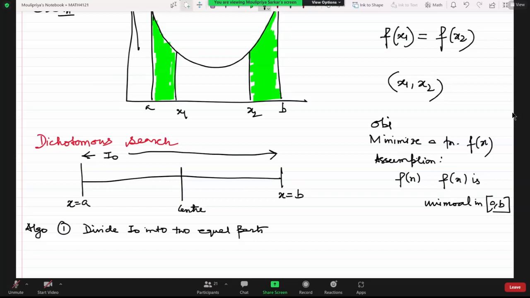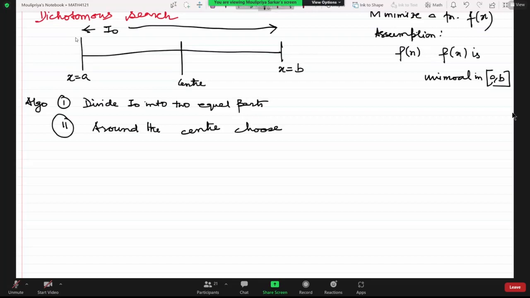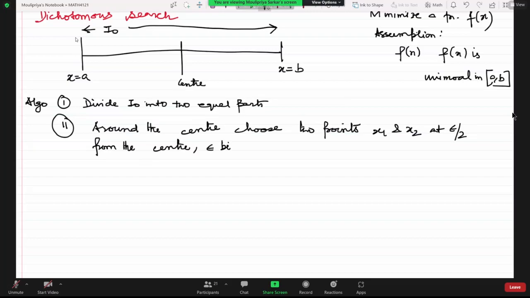Now the second part tells us that around the center, we choose two points, x1 and x2 at epsilon by 2 from the center, epsilon being very small.